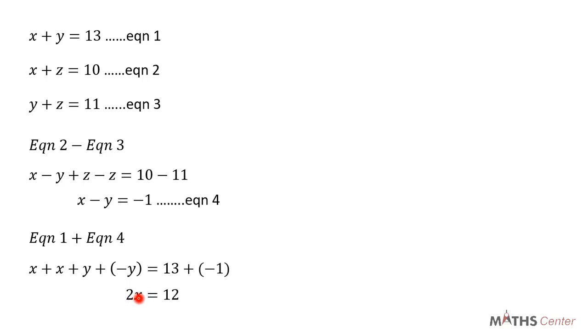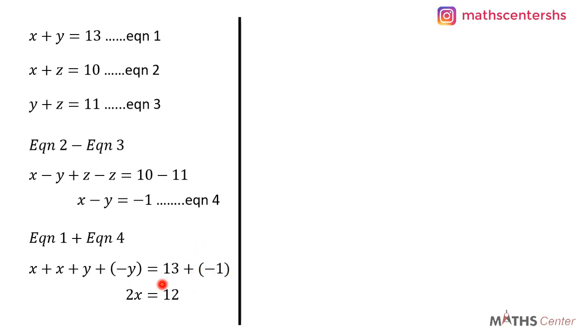So we have 2x is equal to 13 plus negative 1, which gives us 12. So 2x is equal to 12. To get x, I'll divide the left hand side by 2 and the right hand side by 2. And so we are going to have x is equal to 12 divided by 2, which is 6. So we have the value for x.